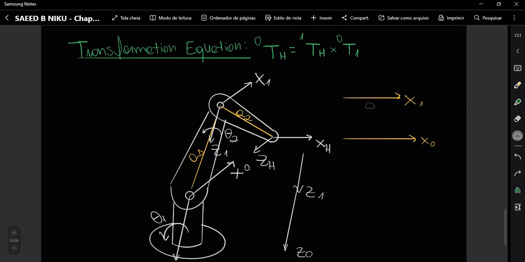And a translation is to bring them together on the same plane.